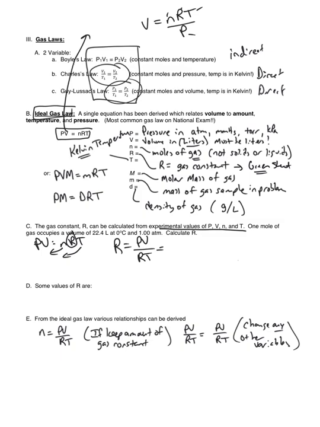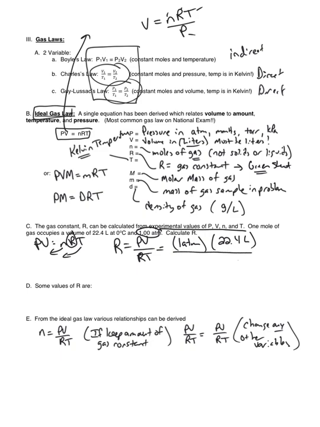It is found that 1 mole of any gas, if it's an ideal gas, at 1 atmosphere of pressure is found to reach a volume of 22.4 liters.